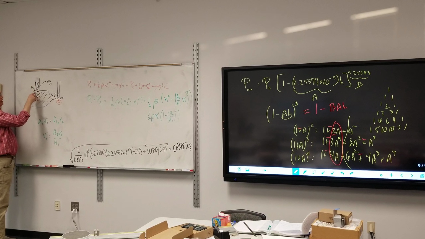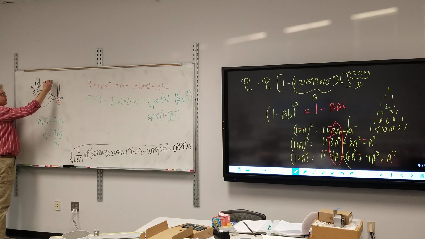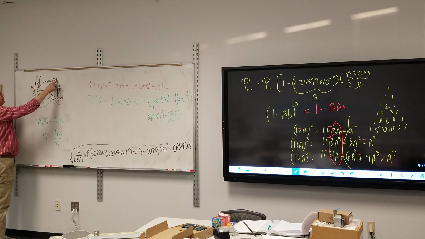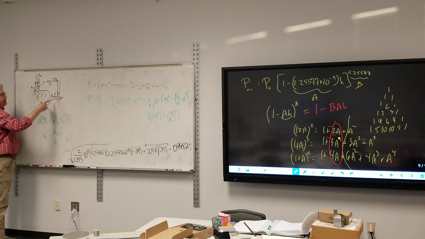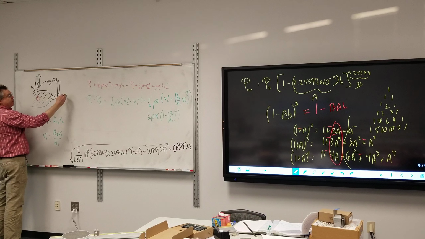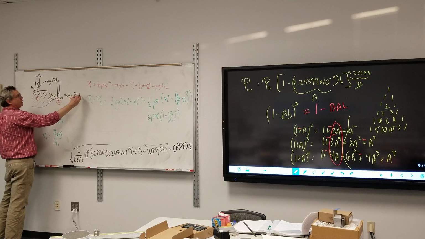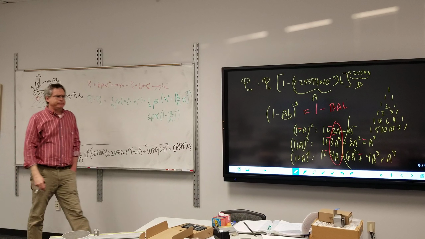And pushing up on it is the force from the pressure. So that should be equal to P1 times the area, and I need a different notation there, area alpha. And down here, similarly, I have M2g is equal to P2 times area alpha. I can make the tubes the same, alpha.